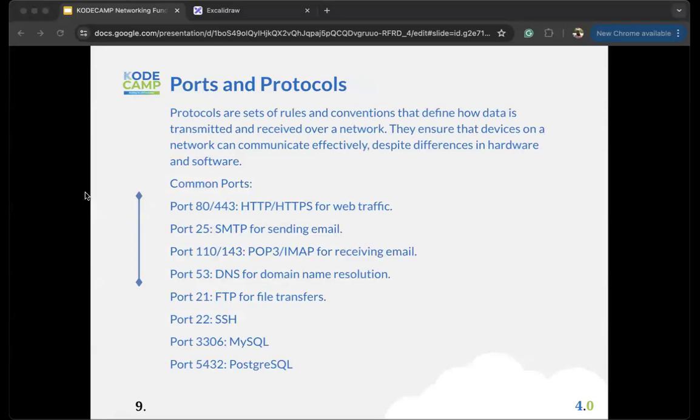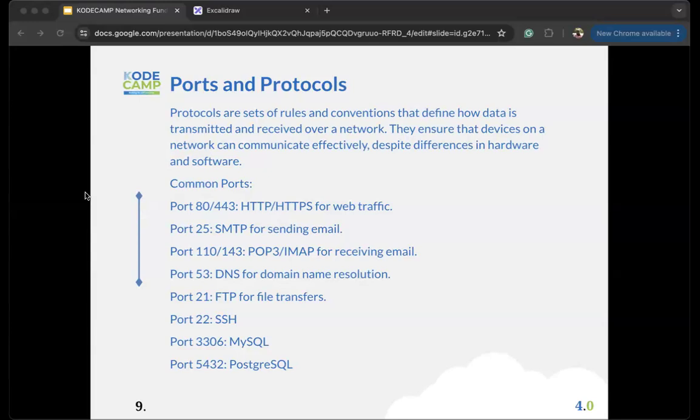To further look into communication on networks, we will speak on ports and protocols. Okay, so protocols are the standards. We talked about some protocols and the various layers they perform on. So protocols are sets of rules and standards that define how data is transmitted over a network.